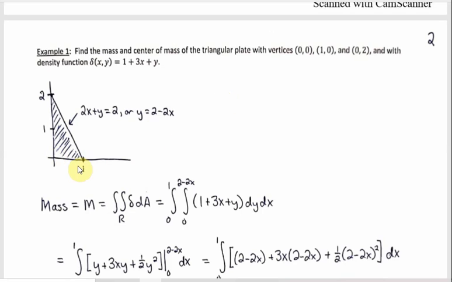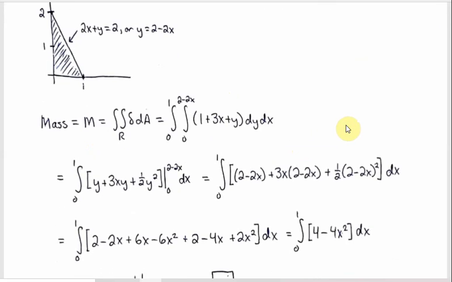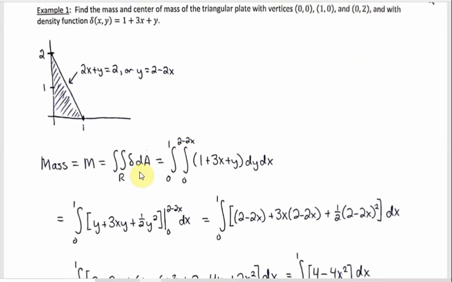So there's that triangle, and we're going to do a double integral in order to get the mass. We know that the density, delta, is 1 plus 3x plus y. As far as the region that we're going to integrate over, it's the same degree of difficulty if you go dy dx or dx dy here, so I just did dy dx.